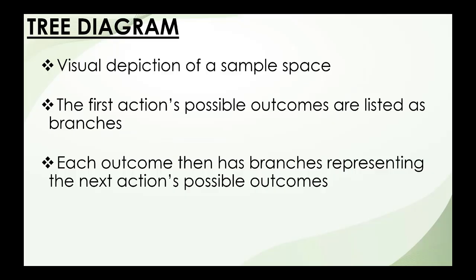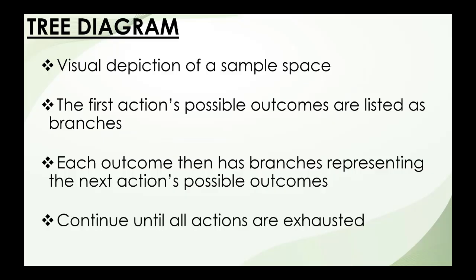And we keep doing this until we run out of actions. So for example, in this example, we had 2 actions as part of our probability experiment. We were drawing a marble, and then we were flipping a coin. So drawing a marble will have its branches, and then coming off of the end of each one of those branches, we will have branches representing the coin flip. So let's take a look at what that would look like.